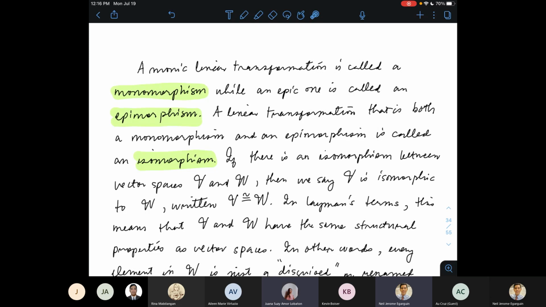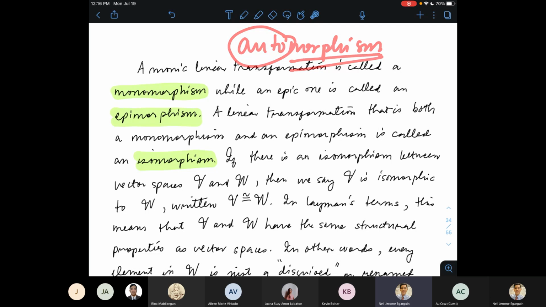Now, Sir, may tanong ako. Oh, sure. Go. Kasi di ba ang mga terms na to may morphism lahat sa huli. Ano po yung condition for automorphism? Ang automorphism, though hindi natin kakailanganin yung automorphism so far. Morphism, so ibig sabihin function siya, right? So function siya kaya siya may morphism.